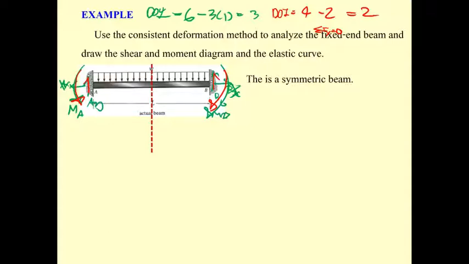And this beam is symmetric. Okay, the fixed end beam is symmetric. So actually, under the application of the force, this beam will be balanced or symmetric. You may use your ruler and bend it. Okay, it's going to bend, so we have the same deflection, and it's going to be like this.